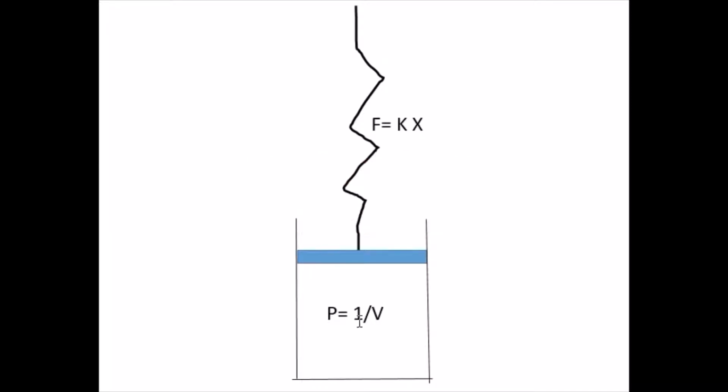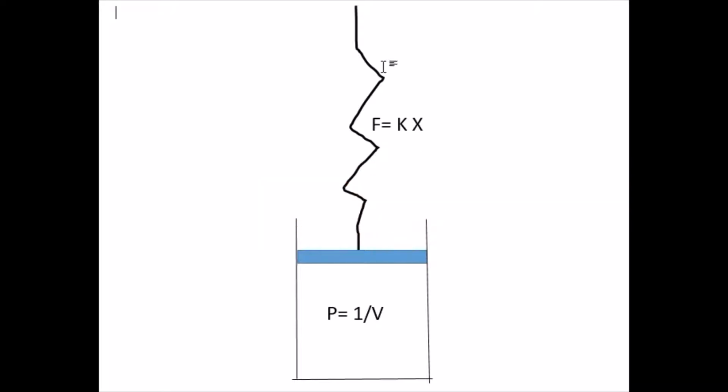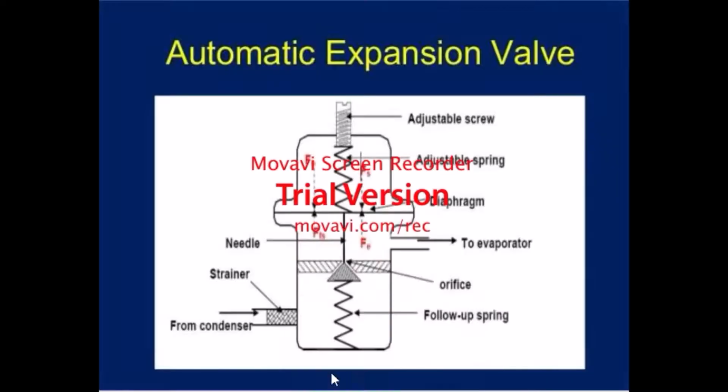So that's why P is linearly opposite. If the pressure increases, the volume will increase, so we'll push the spring. K is the spring constant. So this one is for controlling the pressure.